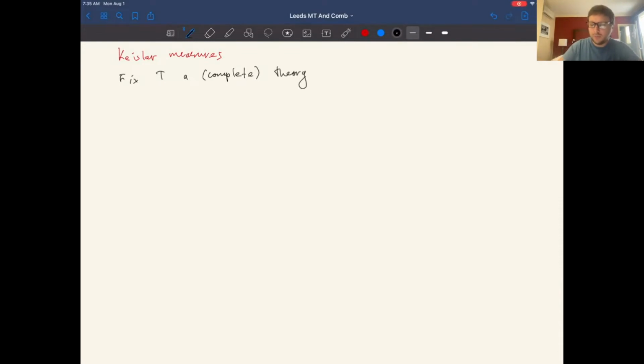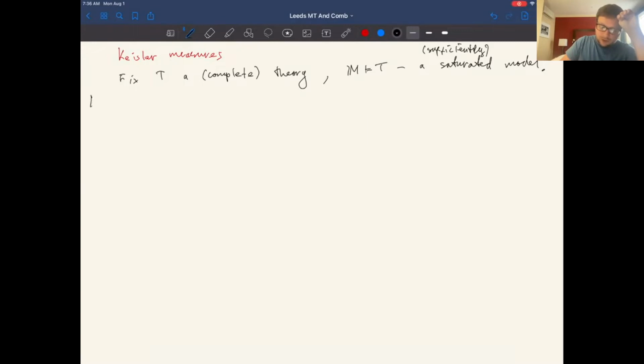And let's say M is a monster model, boldface M. So M is a monster model of T. But if you're not familiar with monster models, just think of a saturated model, or a sufficiently saturated model. All right, so we're in this situation.